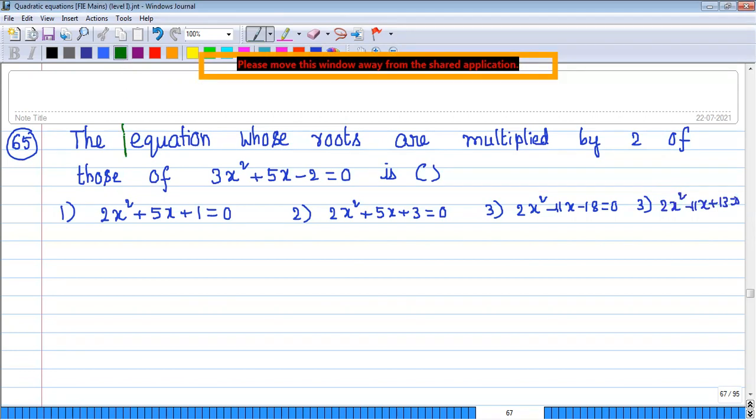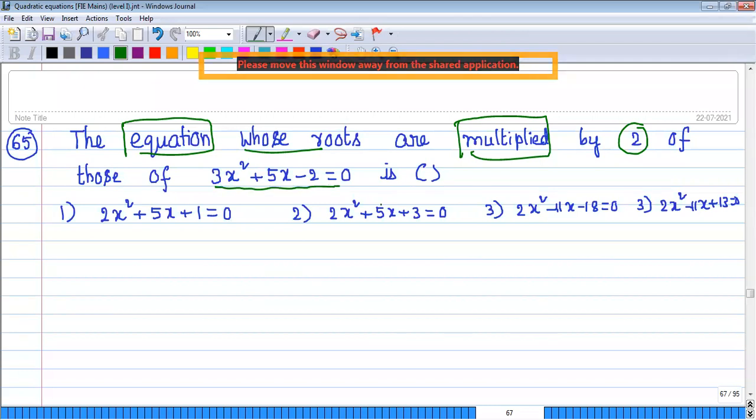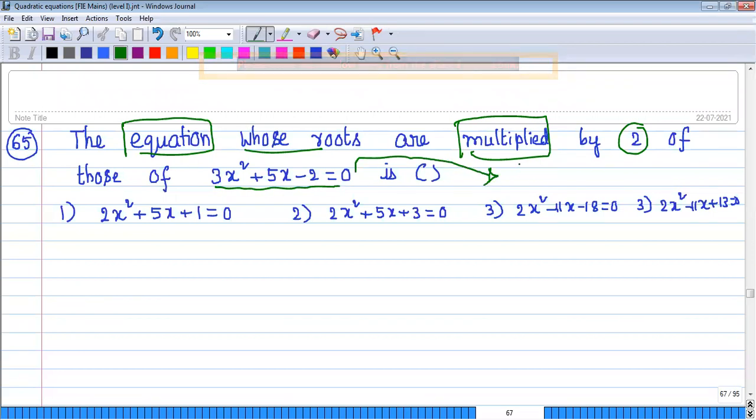The equation whose roots are multiplied by 2 of those of 3x square plus 5x minus 2 is equal to 0. Suppose the roots of 3x square plus 5x minus 2 equals 0 are alpha comma beta. Then we need to find the quadratic equation whose roots are 2 alpha comma 2 beta.